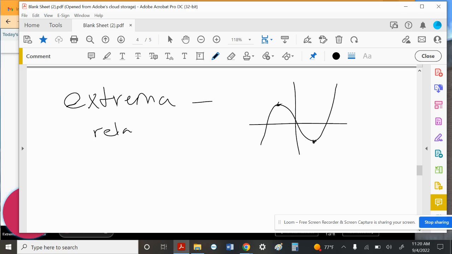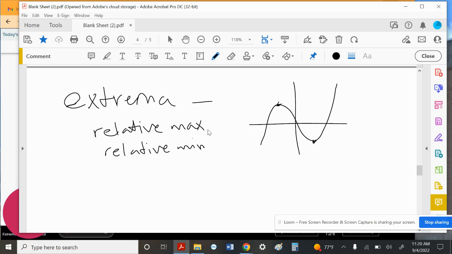So relative max and relative min. What that means is that relative to a domain, like right between these two points, that would be my maximum, and relative to about these two points, that would be my relative min. And it doesn't really matter which two points you pick as long as you're looking at relative values.